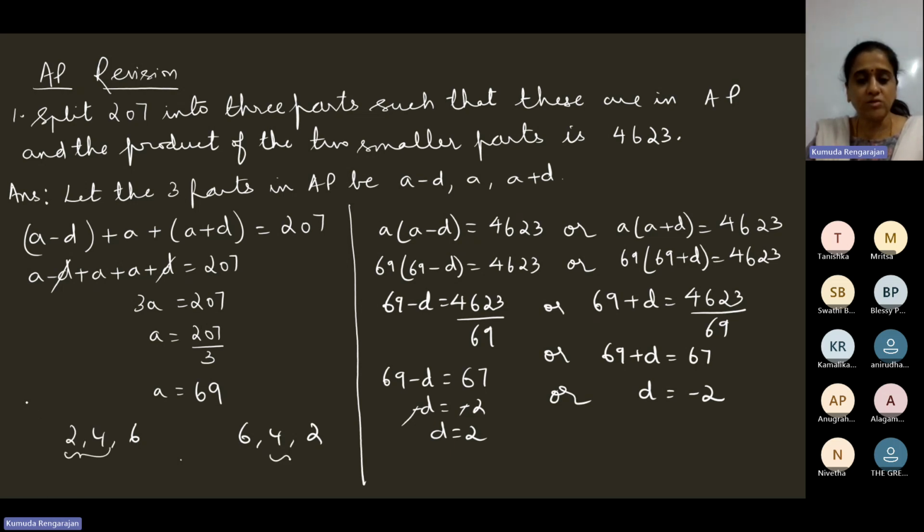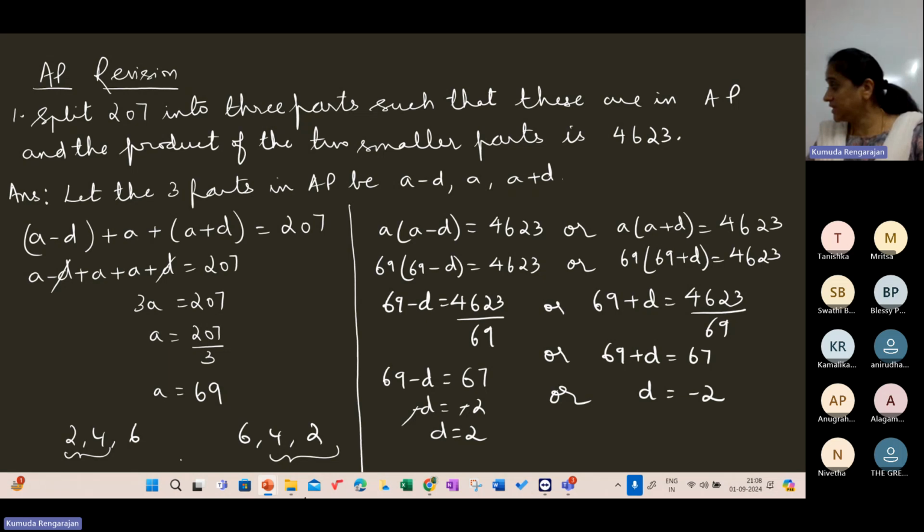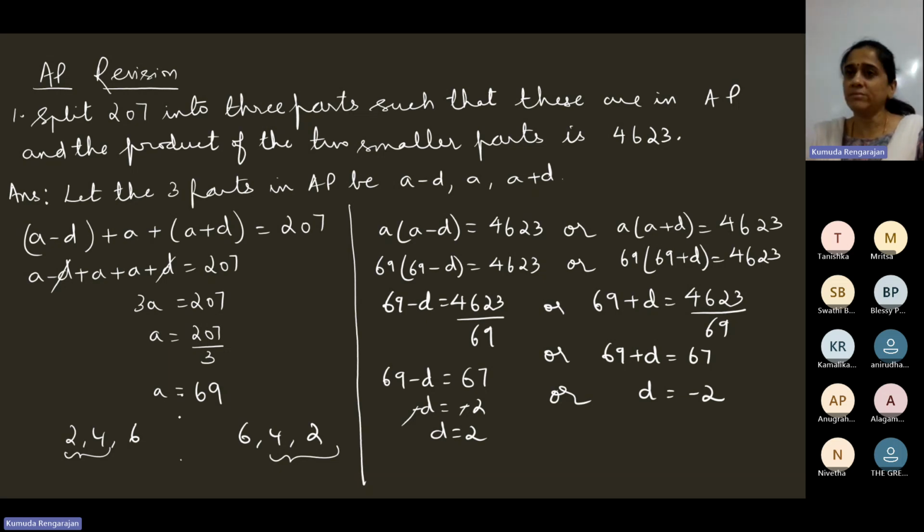In this case, these are the 2 smaller parts. See, the numbers are 2, 4, 6, but you can also say 6, 4, 2. Now what is this? 6 plus 4, 10 plus 2, 12.